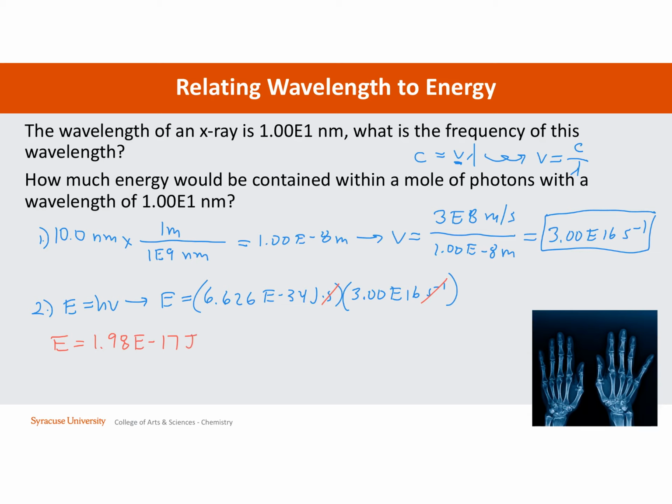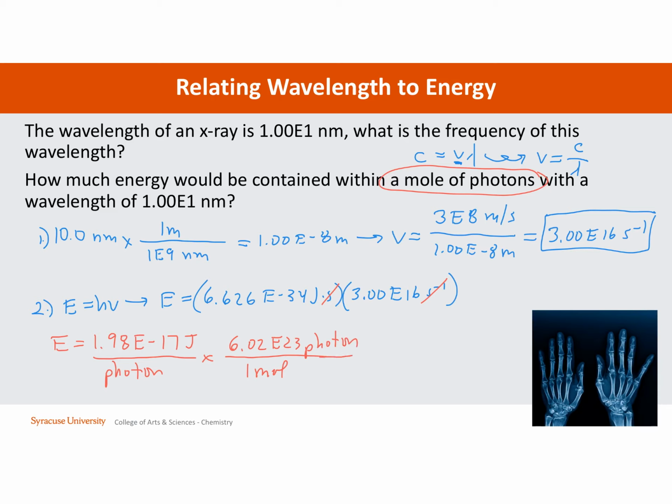joules. Now to find the energy for a mole of photons, well, this is energy per 1 photon. So I know that in a mole of photons, I'm going to have Avogadro's number, 6.02 e to the 23 photons.